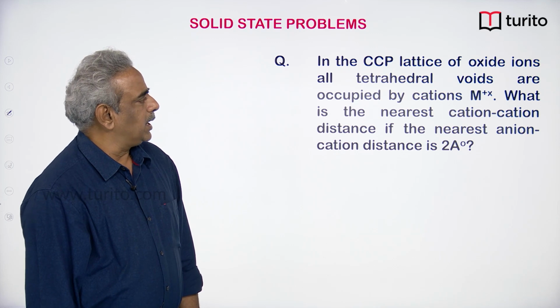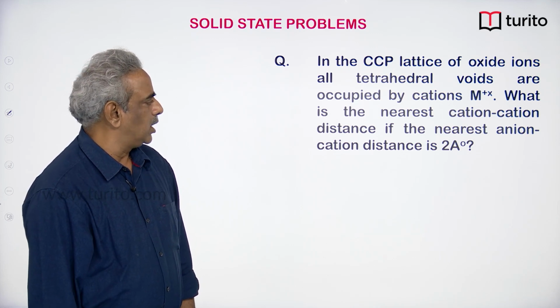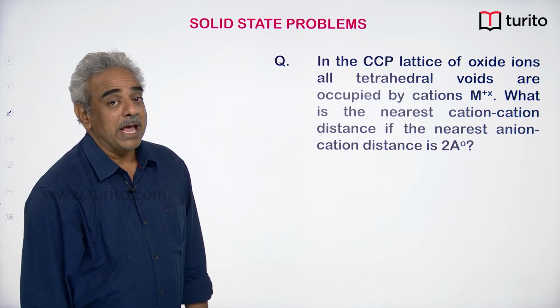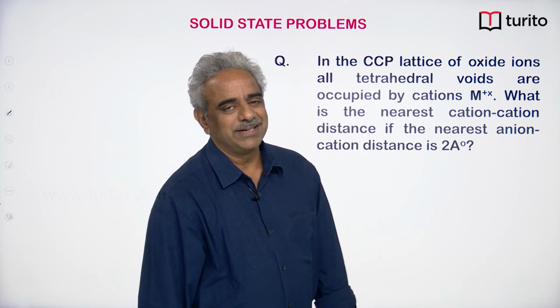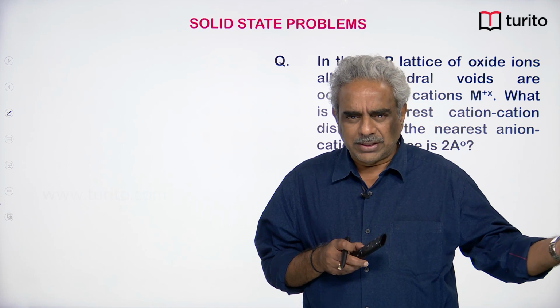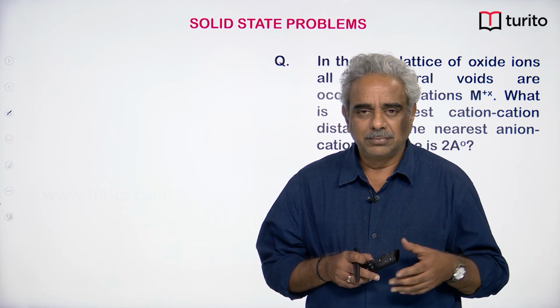The CCP lattice of oxide ions, all tetrahedral voids are occupied by some cation. What is the nearest cation distance? The nearest anion cation distance is given. I think 4 problems ago we have done such a problem, but not the same.